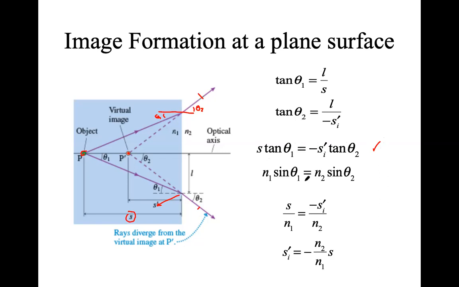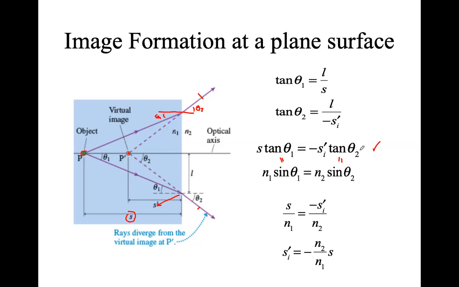On the other hand, Snell's law still applies, so I have another equation with the relationship between n1, n2, and these two angles. If I put this all together, I can work out a relationship in the approximation where these two are about equal. Then S is to n1 as the image distance, S prime, is to n2.